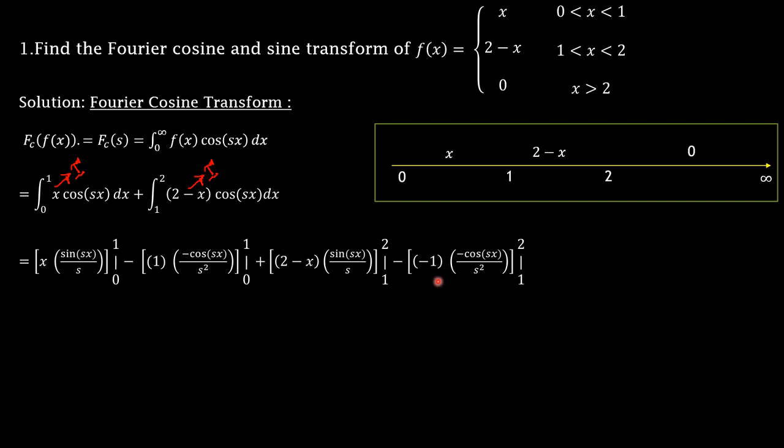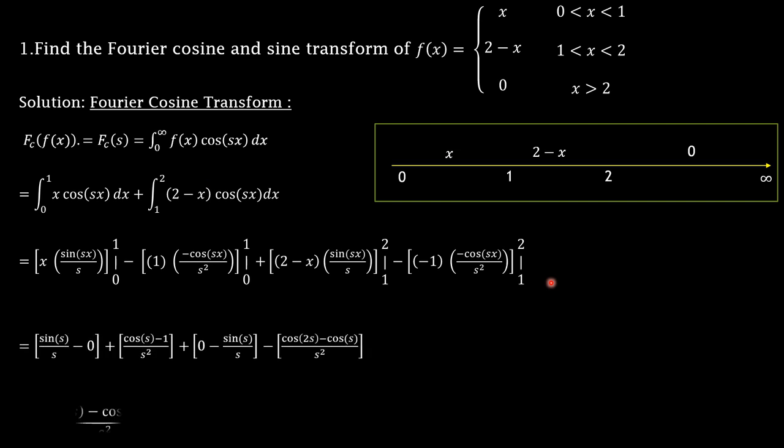It is minus 1, and the integration of sin sx by s, that is nothing but minus cos sx by s square, where the limits of x are varying from 1 to 2. Apply the limits and simplify it, so that the equation reduces to the form 2 cos s minus cos 2s minus 1 by s square.